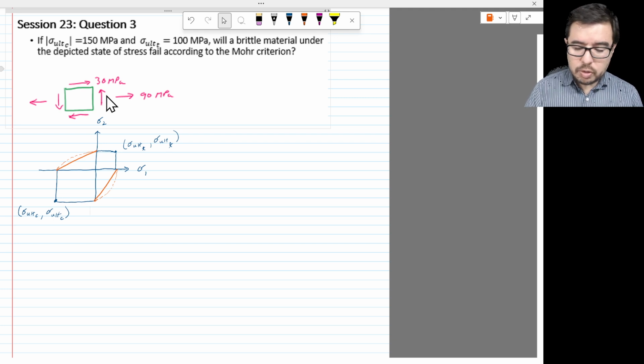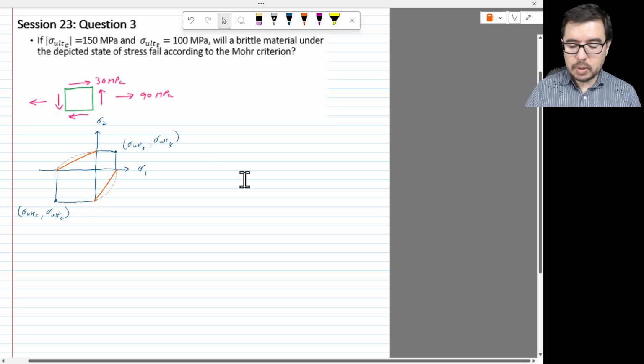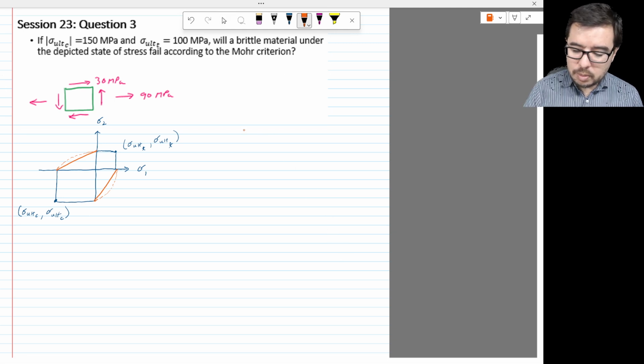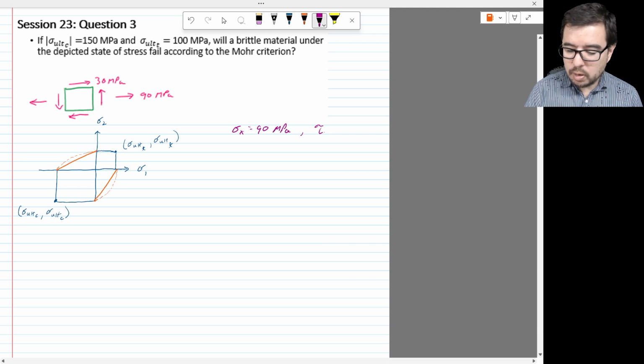We're going to draw a Mohr circle for this state of stress, figure out what the principal stresses are, and then make a comparison on the sigma 1, sigma 2 plot for the Mohr criterion. So sigma x equals 90 megapascals, and tau xy equals 30 megapascals.